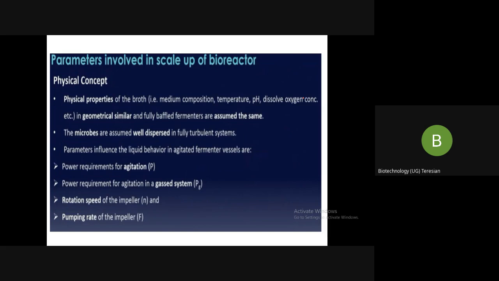That is, if the bioreactors are geometrically non-similar, these changing physical factors can in turn affect your chemical environment. So any change in this physical concept can change the chemical environment. That is what we told previously also.